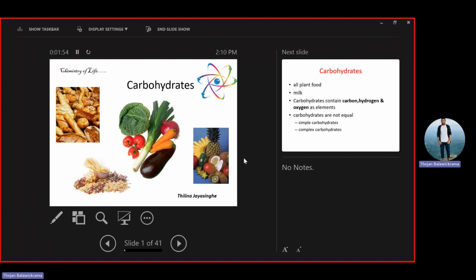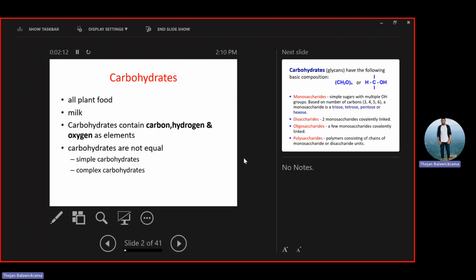When it comes to our meal, you know that rice is our major food source, that is carbohydrates. If we go into the biochemistry side of carbohydrates, it's not only rice.